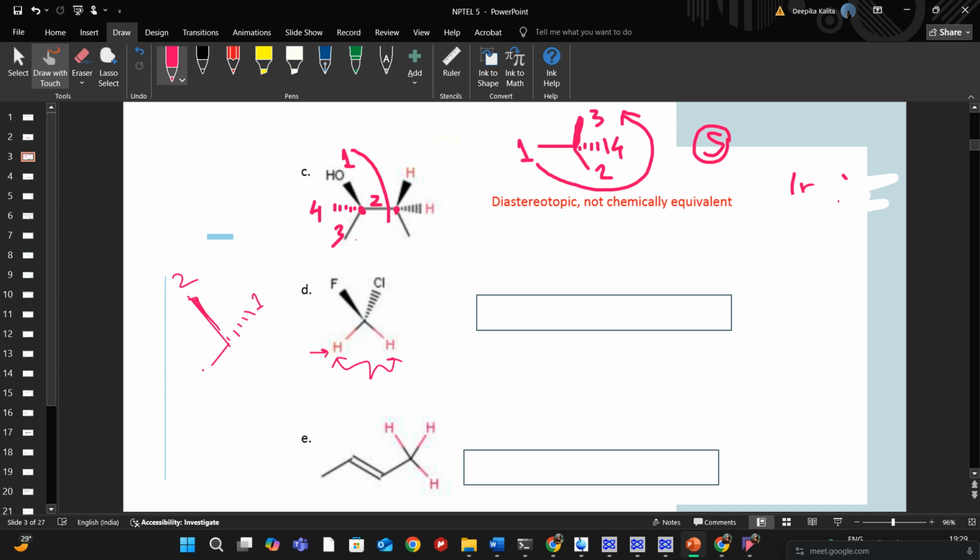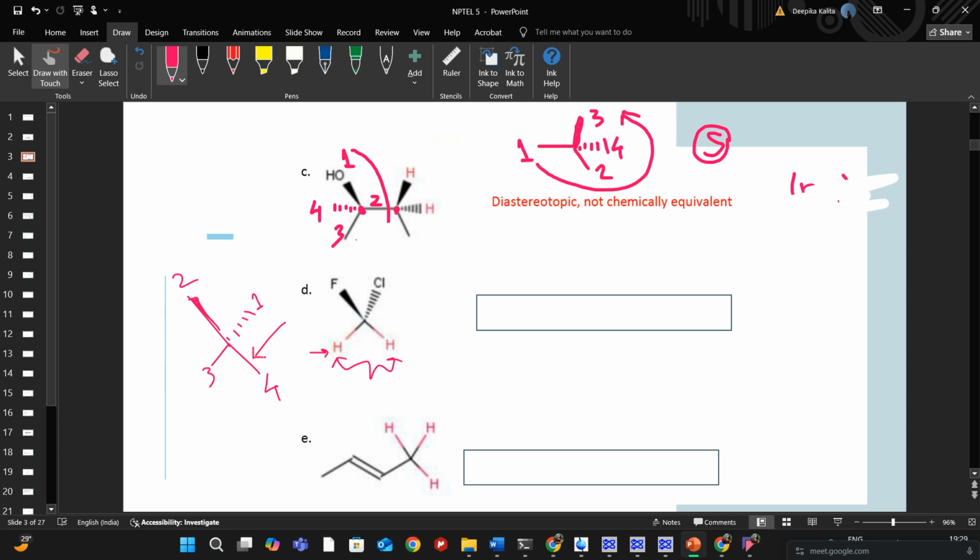Here deuterium means it is the third priority and here it is the fourth priority. So the fourth priority group cannot be on the plane if we are figuring out the absolute configuration. We have to take it either above the plane or below the plane.